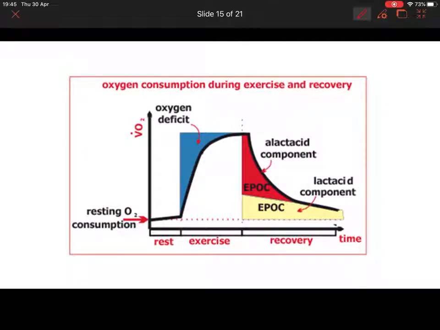Right. For me, there are three things to know for each component of EPOC. The first thing to remember is what's the main role or roles of each component.